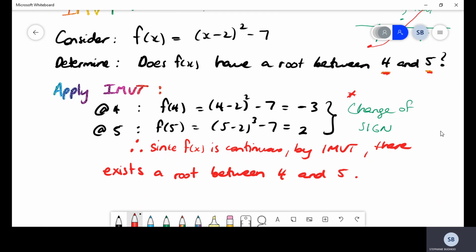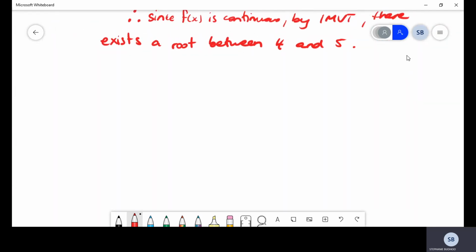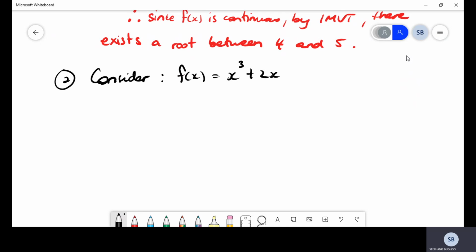We can look at a second example. Example 2. Let's consider the function x cubed plus 2x minus 2.